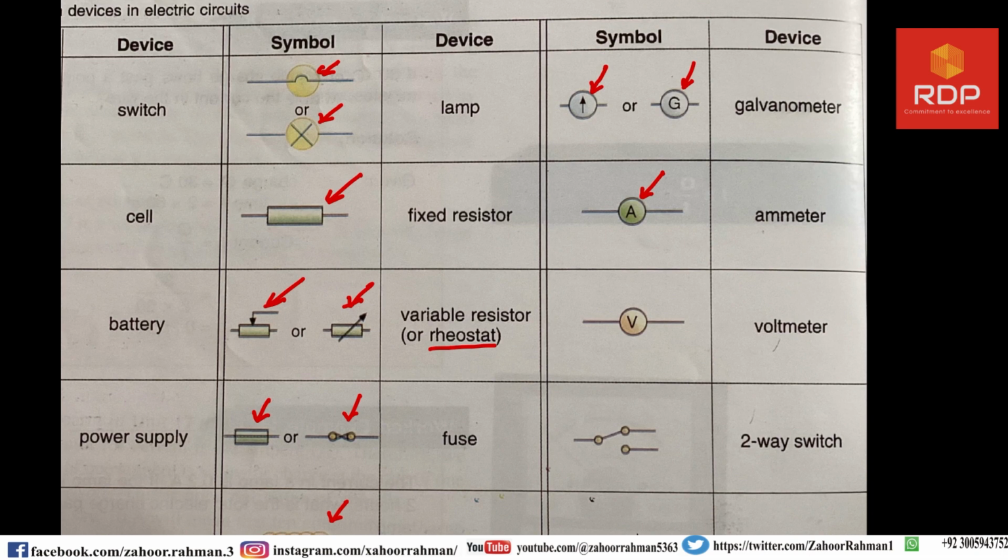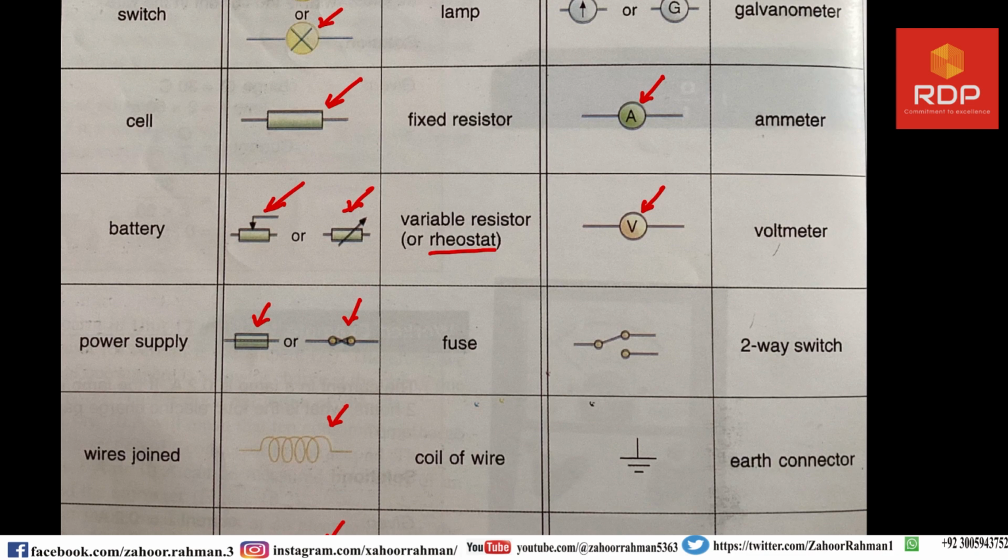Now there is another very important symbol used inside electrical circuits, and that is the voltmeter. This is used to measure the voltage or potential difference. There is another very important symbol, and that is the two-way switch.